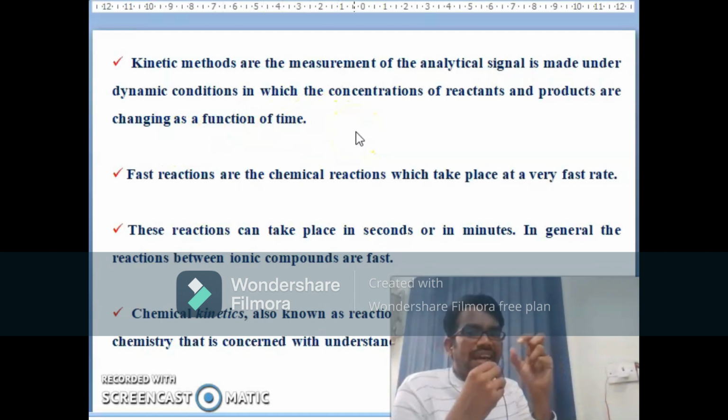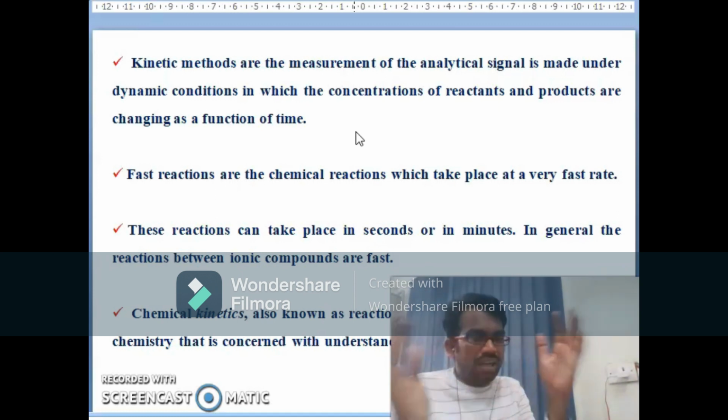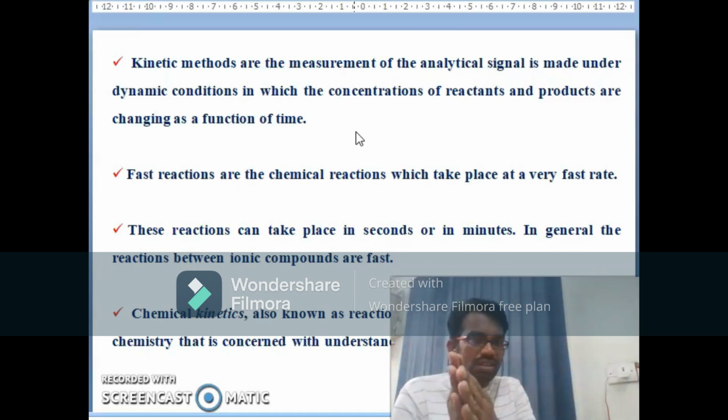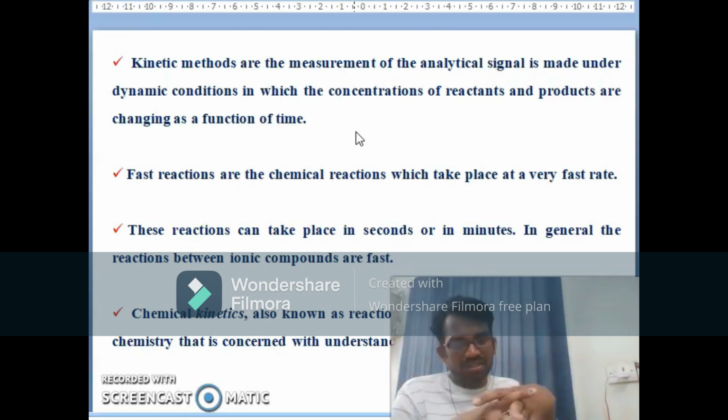So how do you find the rate of a chemical reaction? The reaction rate mostly depends on time. If you take two reactants, mix them, and think about how they change depending on time, these things come under kinetic studies or kinetic methodology.